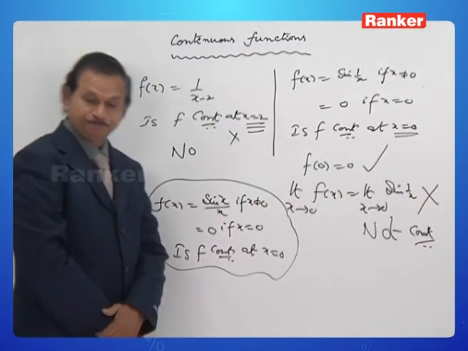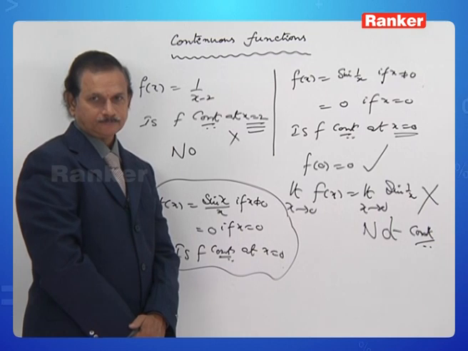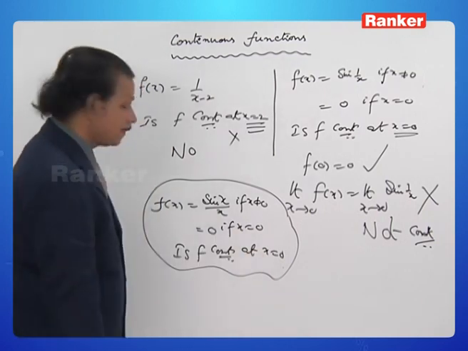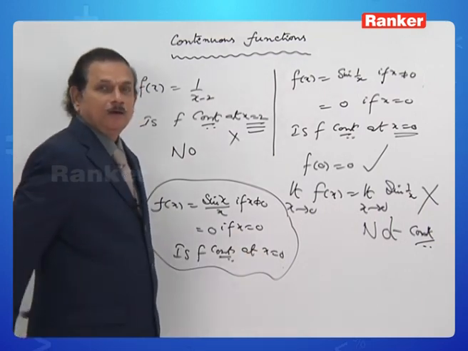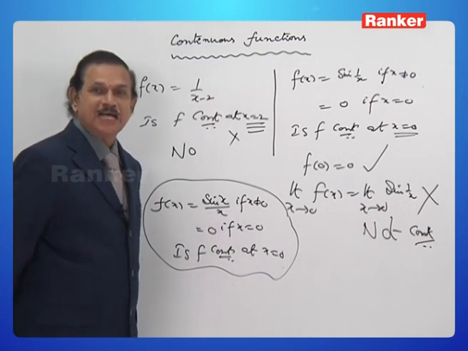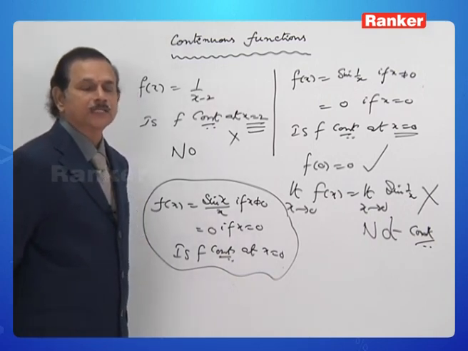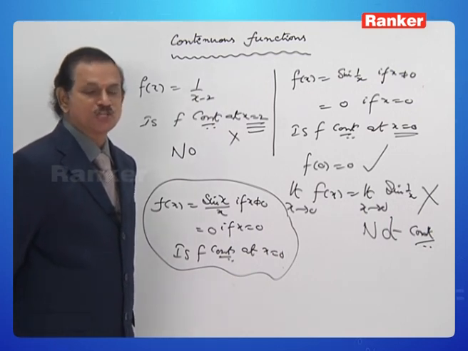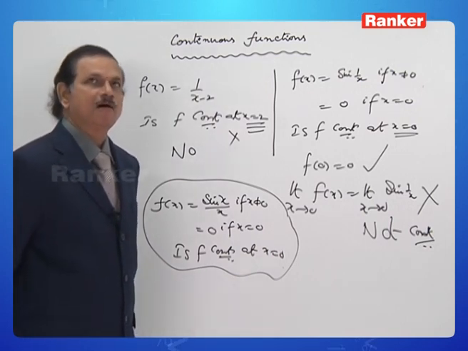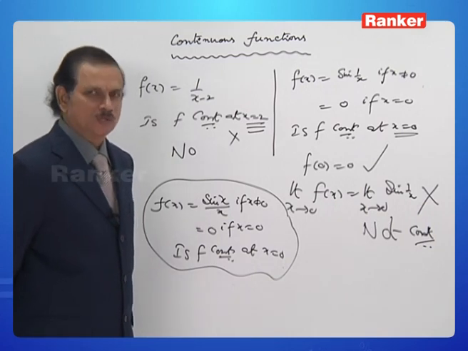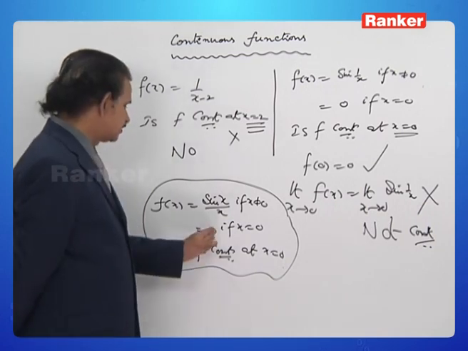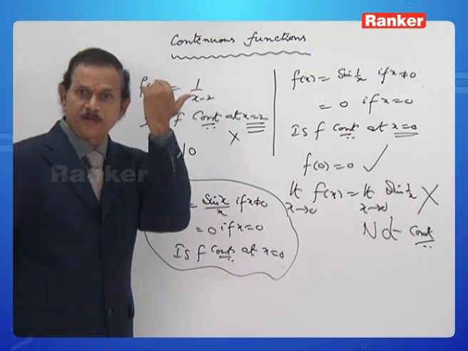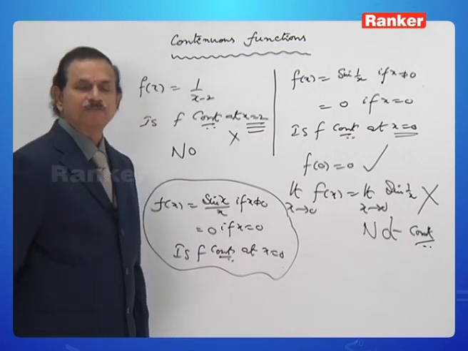Observe this question. What is the point of continuity he is asking us? x equal to 0. In the list of conditions, what is the first condition to be verified? f of a, that is f of 0. Is it defined? Yes. First condition, okay. f of 0 is 0.